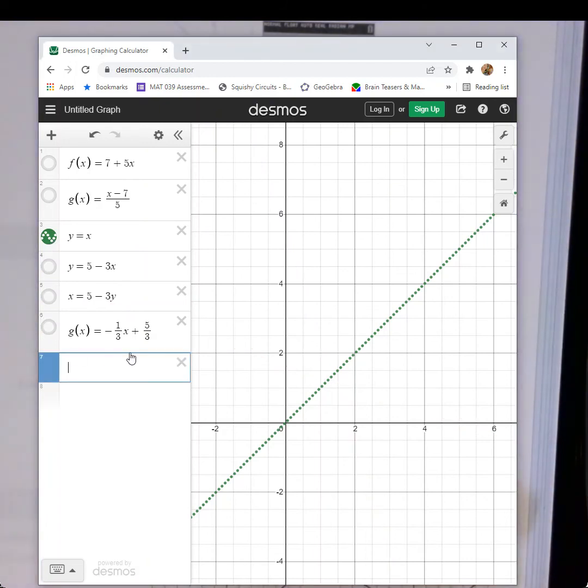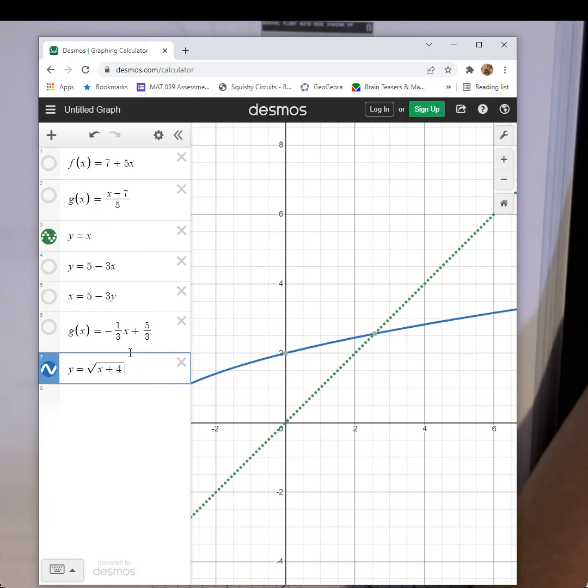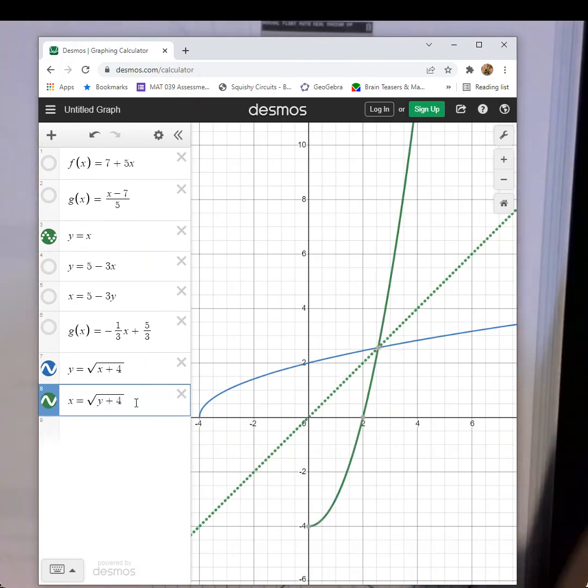Let's say I make up a function like y equals the square root of x plus 4, and I wanted to see what its inverse looks like, then I would just swap the letters and do x equals the square root of y plus 4.